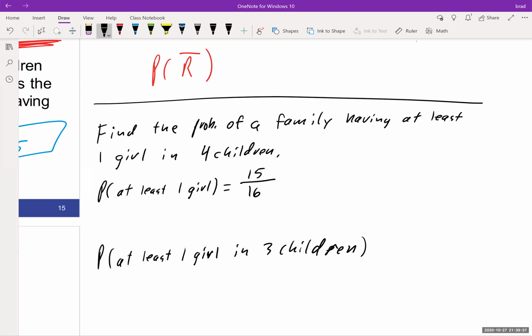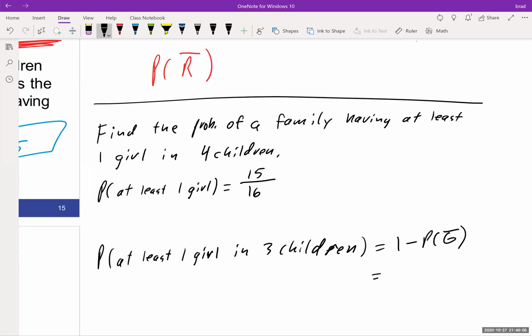So, you know, there's girl, boy, girl, girl, girl, girl, boy, boy, girl, you know, all of those. We'd have to write them all out, and then we'd have to circle all the ones that had at least one girl. So that means if there's 2 girls, we have to take that as a success. If there's 3 girls, we take that as a success. So the only thing that's not included is 1 minus the probability of no girls, okay?